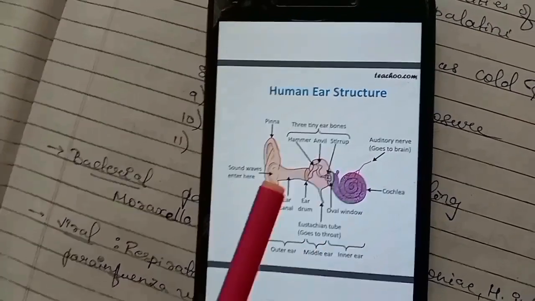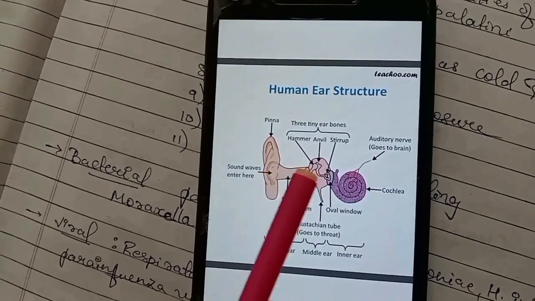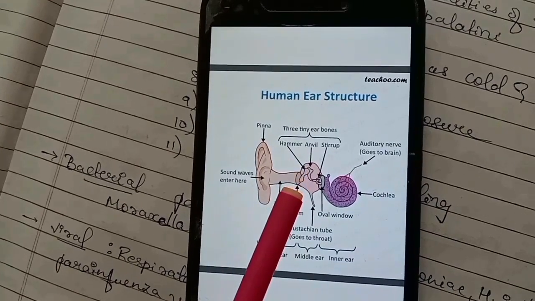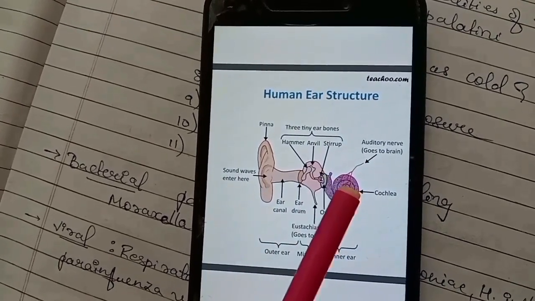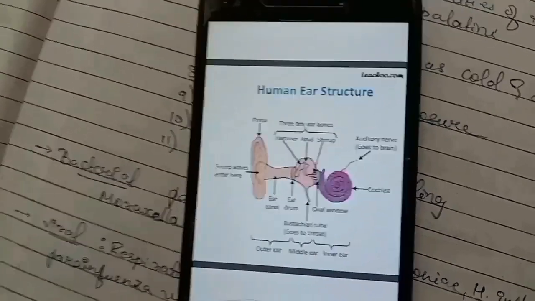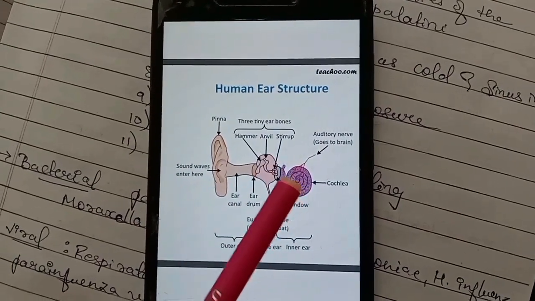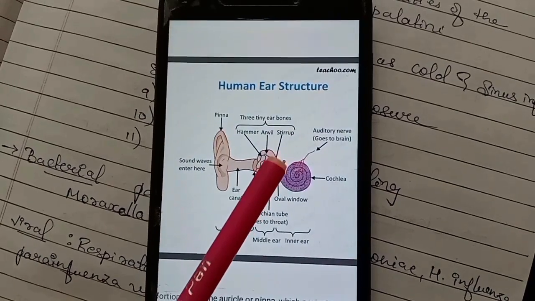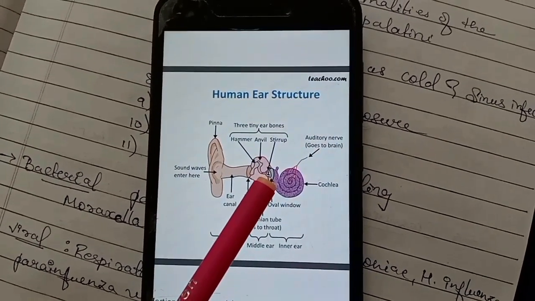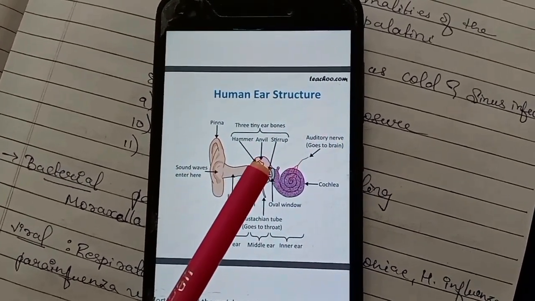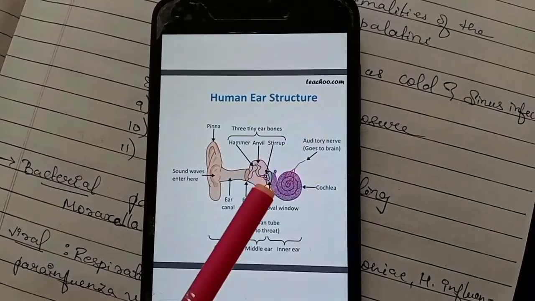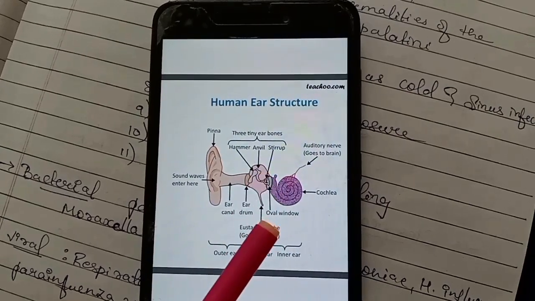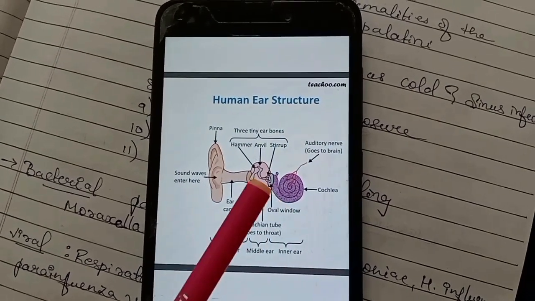What about the four walls? The outer wall, this one, is formed by the tympanic membrane. The medial wall is formed by the inner ear, and this opening here has two fenestrae, the fenestra vestibuli and fenestra rotundum, also known as the oval window and round window, as you can see here.